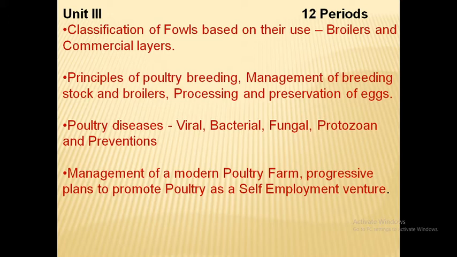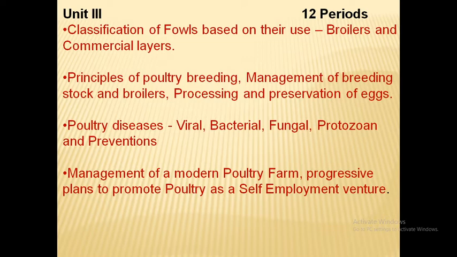Then the second topic is related to the principles of poultry breeding. Then there will be management of breeding stock and broilers, and processing and preservation of eggs. Within the principles of poultry breeding, we have to understand how the breeding process takes place, and after getting and incubating the eggs, hatchlings come out.